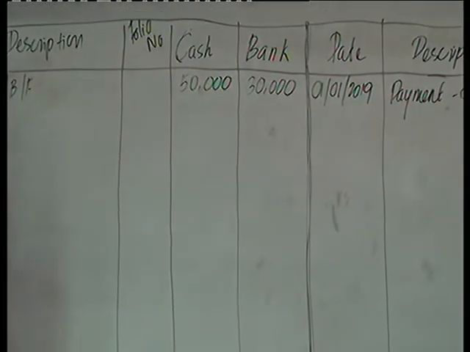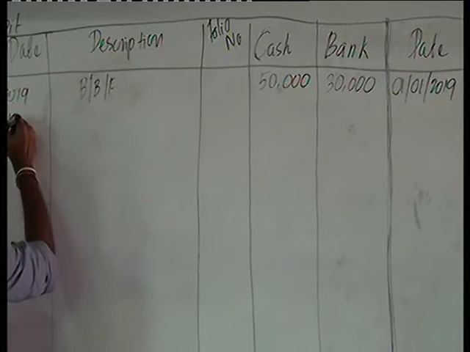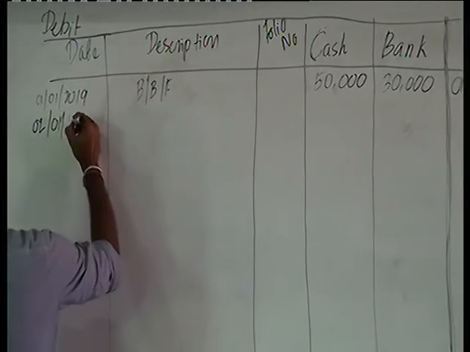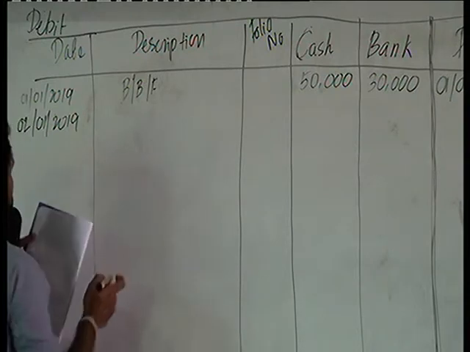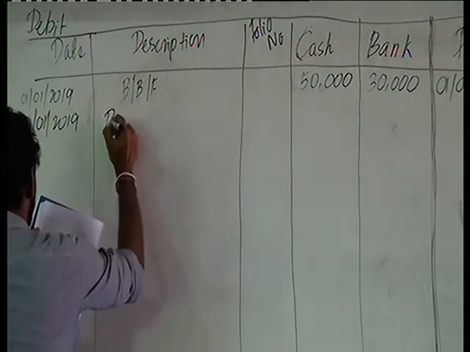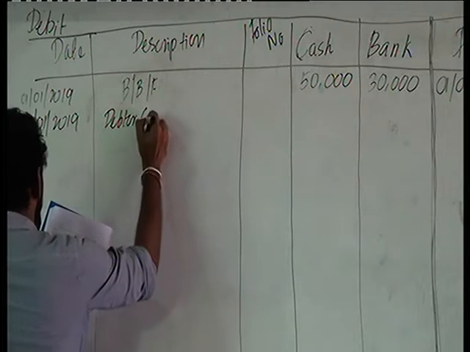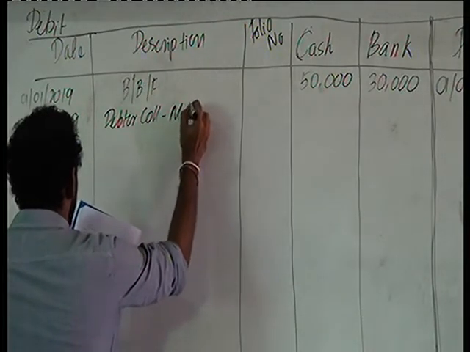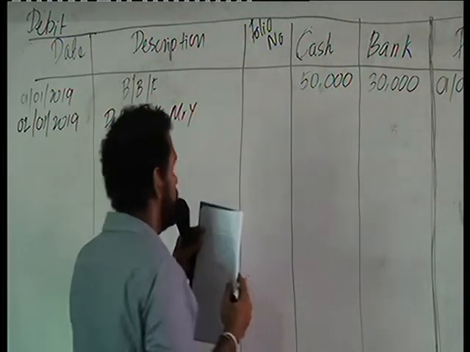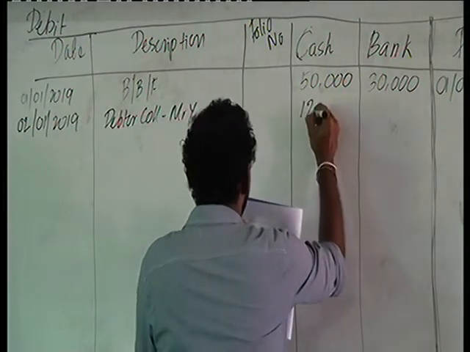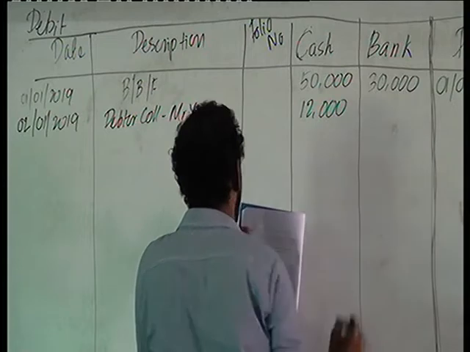So how are we going to pass the entry? First we have a debit entry related to the cash receipt. On 2nd January 2019, we have received debtor collection from Mr. Y amounting to 12,000.